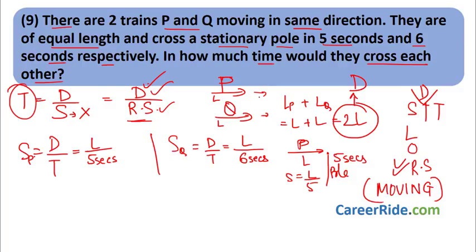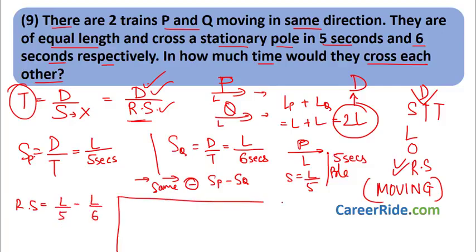Since both of them are moving in the same direction, same means minus, subtract, same means subtract. So speed will be SP minus SQ. You can take SQ minus SP also, you will just get a negative sign that you need to discard, not to consider. But let's over here take SP minus SQ. So what is the relative speed now? That would be L upon 5 minus L upon 6.